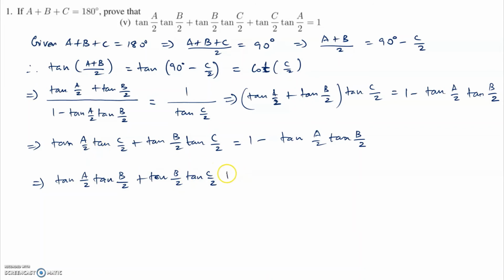Then the first term here is, rearranging this, tan C/2 tan A/2, is equal to 1. Therefore, LHS is equal to RHS. Hence the proof.